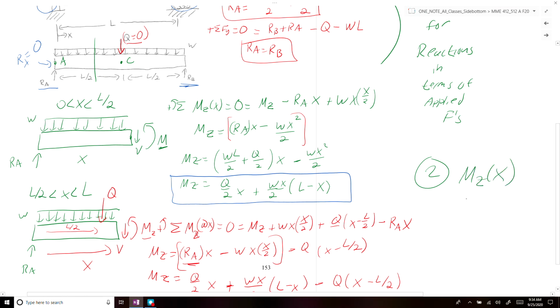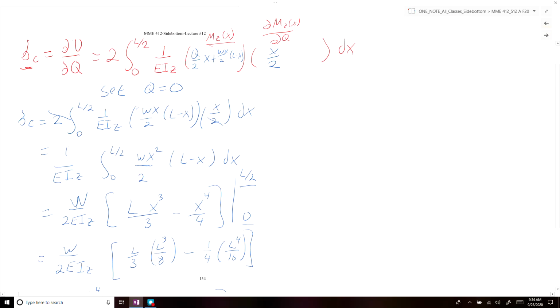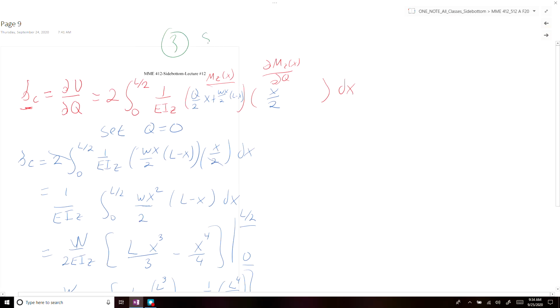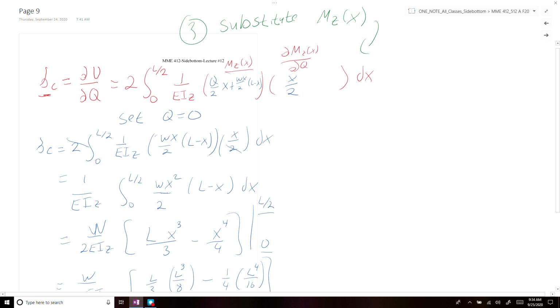Once we had Mz of x and our reactions in terms of our applied forces, the last step was to substitute Mz of x into our simplified Castigliano's method equation. Once we plugged it in, we could then set our dummy load equal to 0, and the last step is just doing the integration.